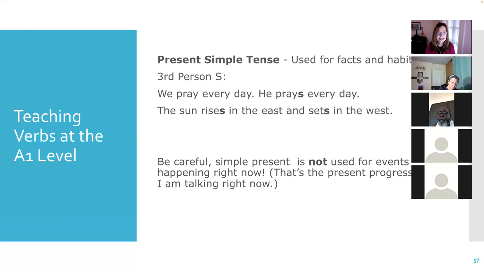So for example, when we talk about a habit, we can say we pray every day. But if the subject is he, you'd say he prays every day with that S at the end of it.